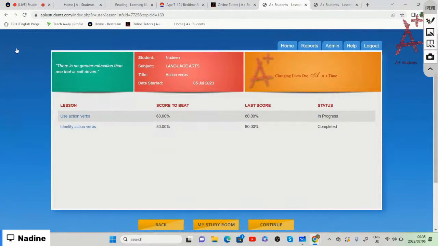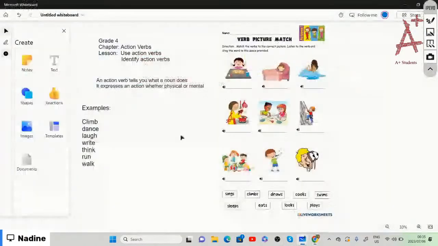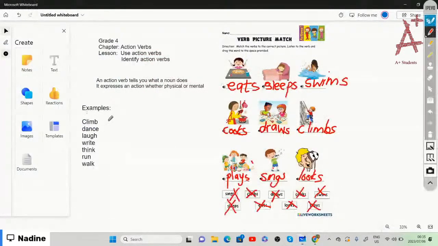So if we quickly go back to our board, we are going to go over all the examples: climb, dance, laugh, think, run, and walk. In order to familiarize ourselves with the action verbs, we also need to make a few sentences.